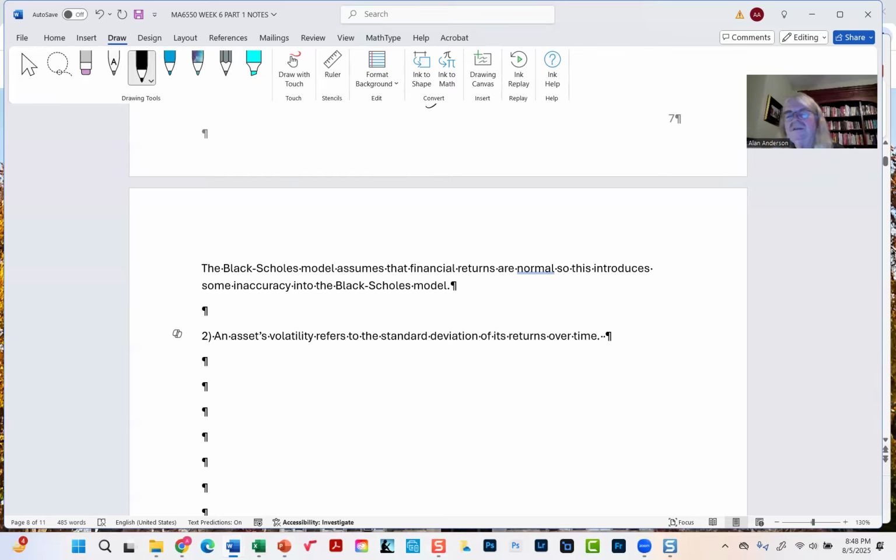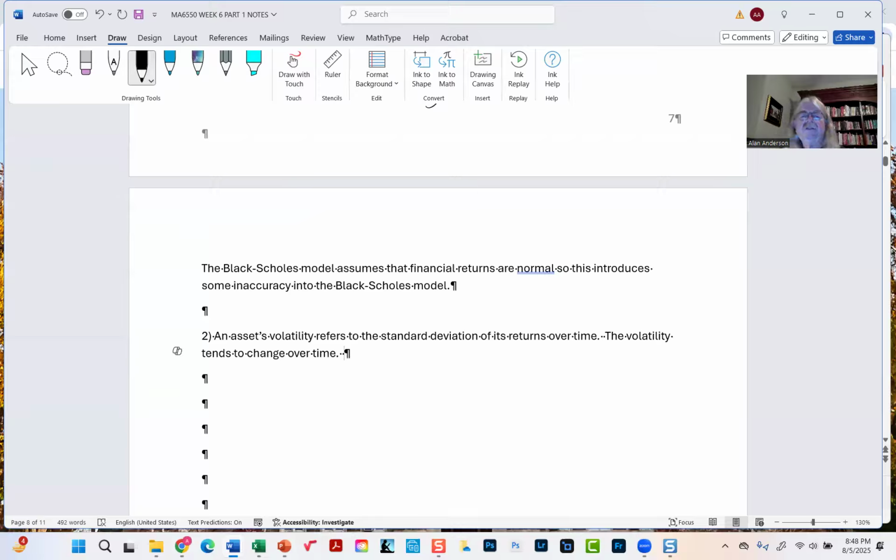Now, this volatility tends to change over time. In other words, it depends on what's going on in the market. Sometimes an asset can be quite stable, and other periods it can be quite unstable.